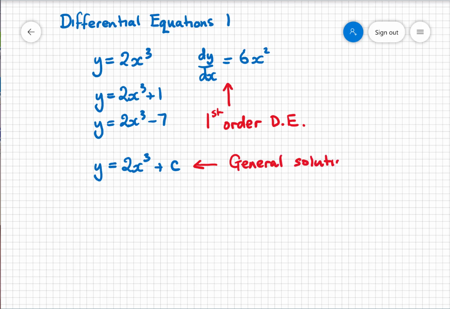And if we have a little bit more information so that we can work out the value of the c, then any one of these would be called particular solutions. And you're going to be using your skills of integration in solving differential equations to find general solutions and sometimes particular solutions to these first order differential equations.